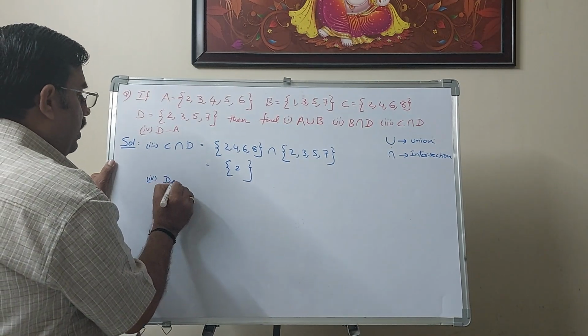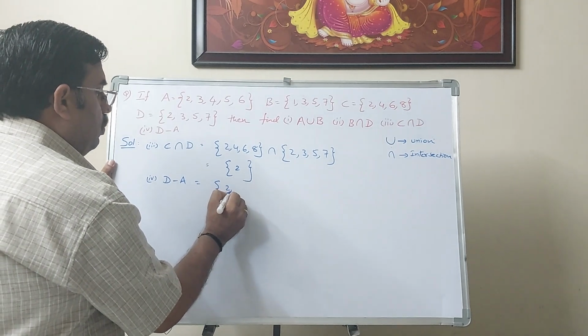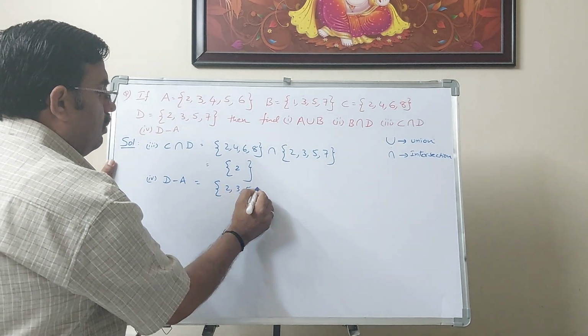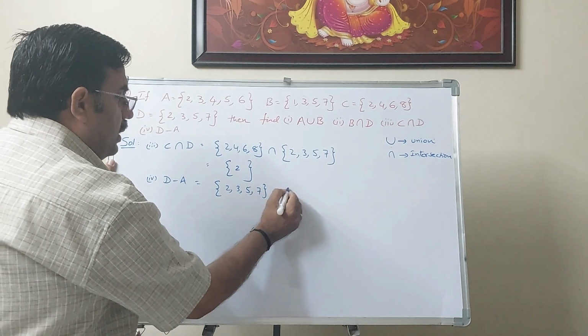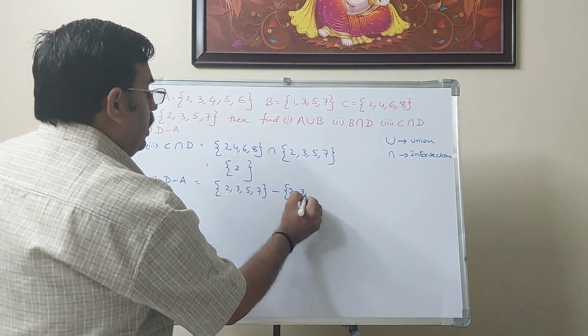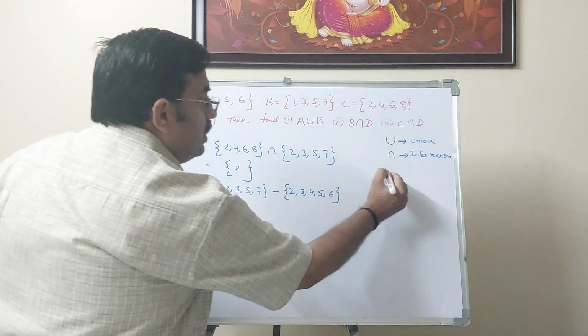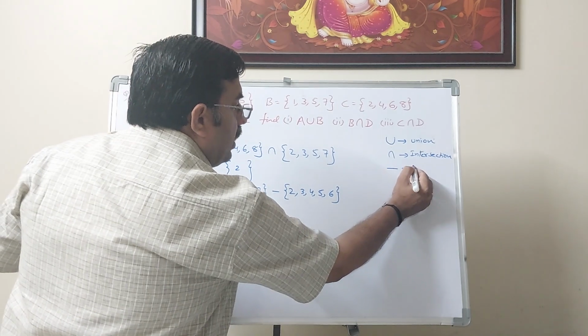Fourth one is D minus A. D means {2, 3, 5, 7}. Minus A means {2, 3, 4, 5, 6}. This is called the difference.